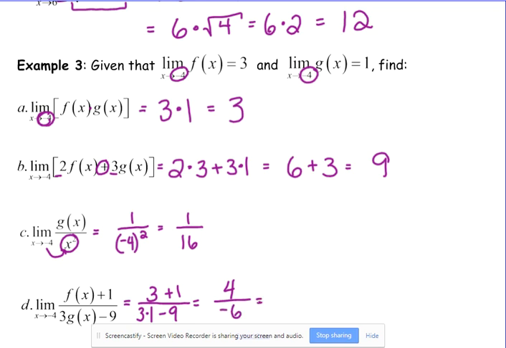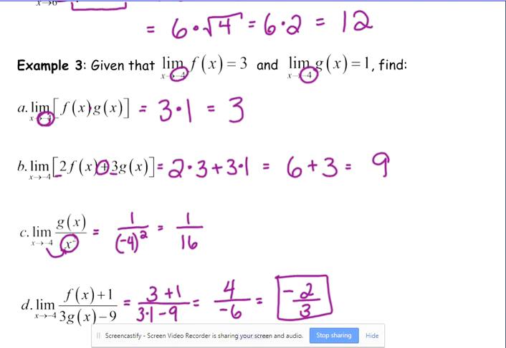Remember, I mentioned the other day, do not leave negatives in the denominator. Either put them in front of the entire fraction, or put them in the numerator. 4 and 6 are both divisible by 2, so when we divide both of those by 2, we end up with negative 2/3 as the final answer for the limit of that big problem there.